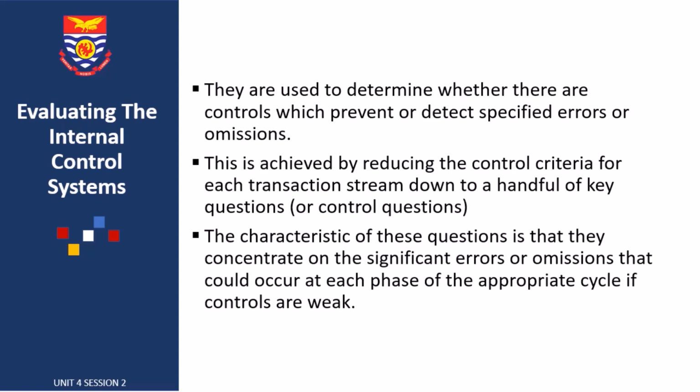These evaluation forms are used to determine whether there are controls which prevent or detect these specified errors or omissions. So are they control procedures? Are they control measures that prevent or detect the specified errors or omissions?